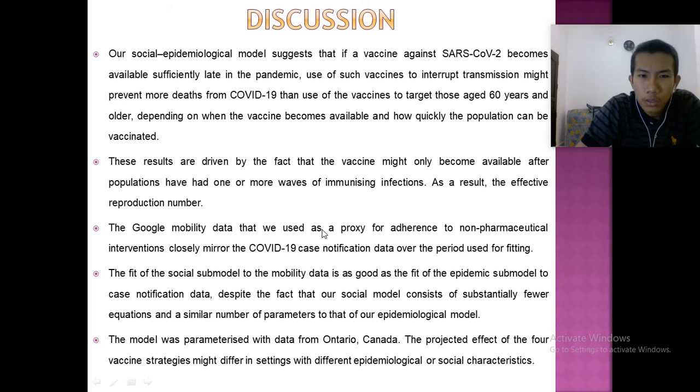The Google mobility data that we use as a proxy for adherence to non-pharmaceutical intervention closely mirror the COVID-19 case notification data over the period used for fitting. The fit of the social submodel to mobility data is as good as the fit of the epidemic submodel to case notification data, despite the fact that our social model consists of susceptibility-favor equations and a similar number of parameters to that of our epidemiological model.